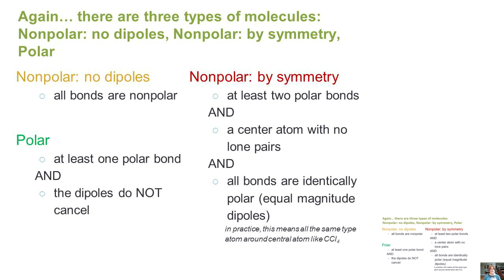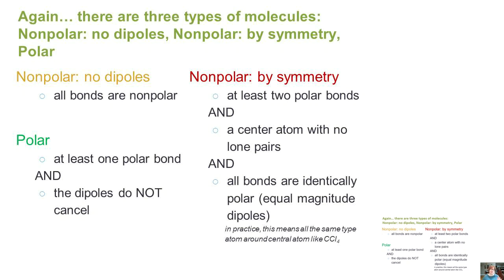So I need to have at least 2 polar bonds for that and a center atom with no lone pairs. And all of the bonds have to be equally polar, so equal magnitude dipoles. And then I can have polar molecules, which are ones that have to have at least 1 polar bond, and they have to be either not identically polar or not the proper geometry, and then they won't cancel out.